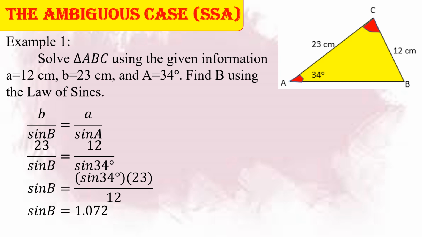So we have sine 34 degrees. Then just do the cross multiplication. Sine B is equal to 23 times sine 34 over 12.